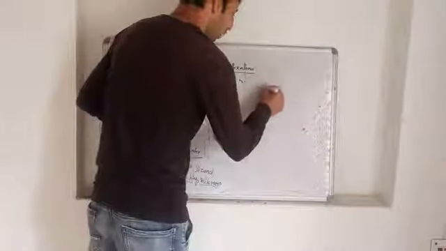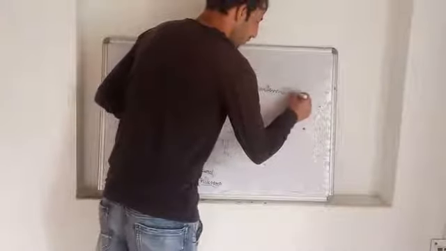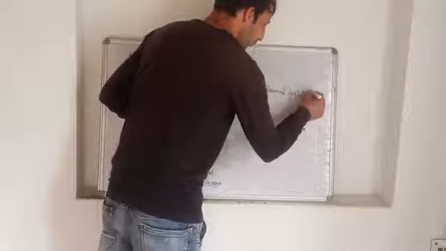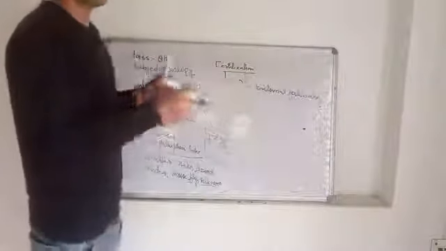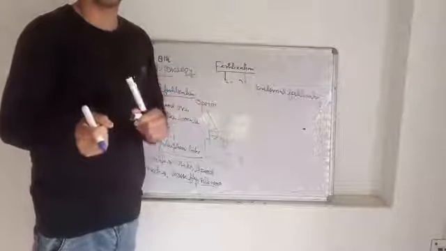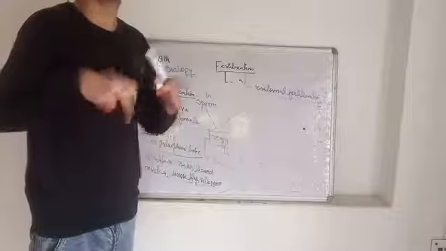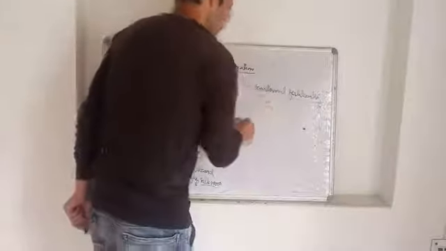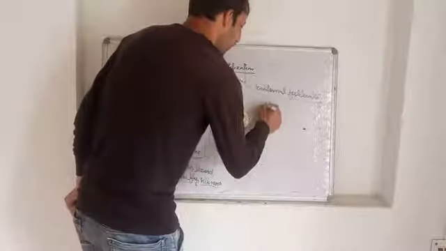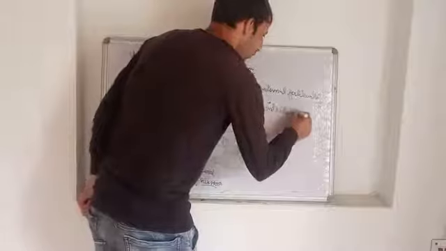Let me pen down over here. It is external fertilization. If the fusion of male and female gametes takes place outside the body of the female organism, it is called external fertilization.